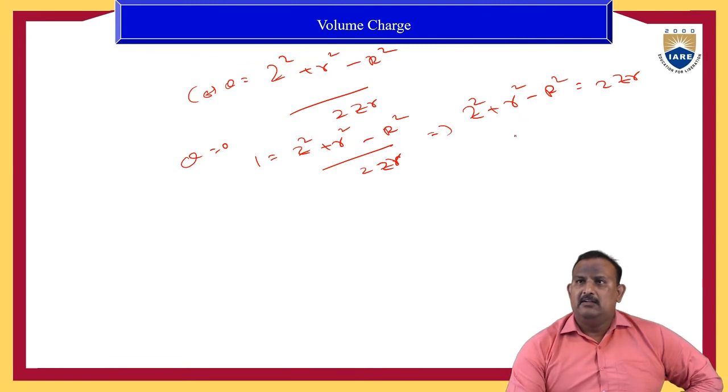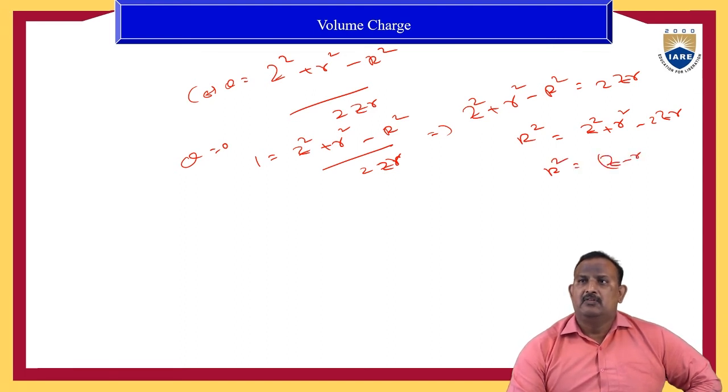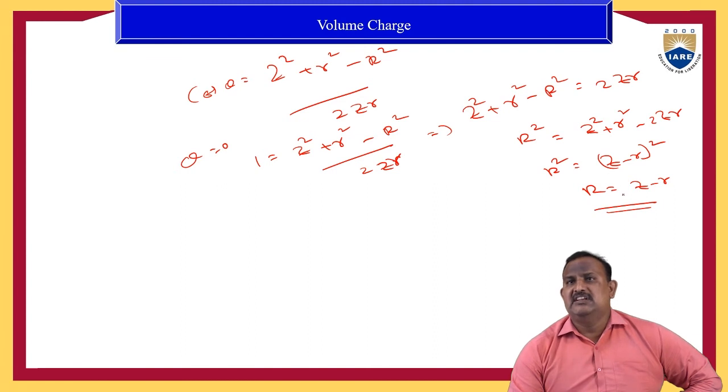Then we can write capital R on the left side: R squared is equal to z squared plus r squared minus 2zr. Therefore, R squared equals z minus r whole squared, so R is equal to z minus r when theta is equal to 0.